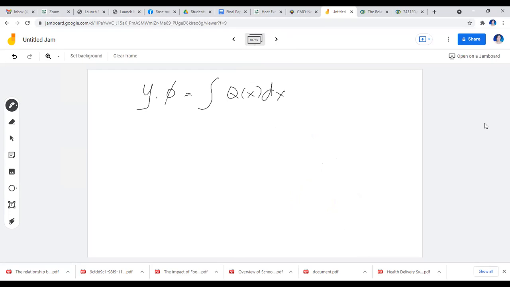And then you substitute. So your unknown function is y. Your phi is 1 over 1 plus cosine of x. And your q of x. So what is your q of x?